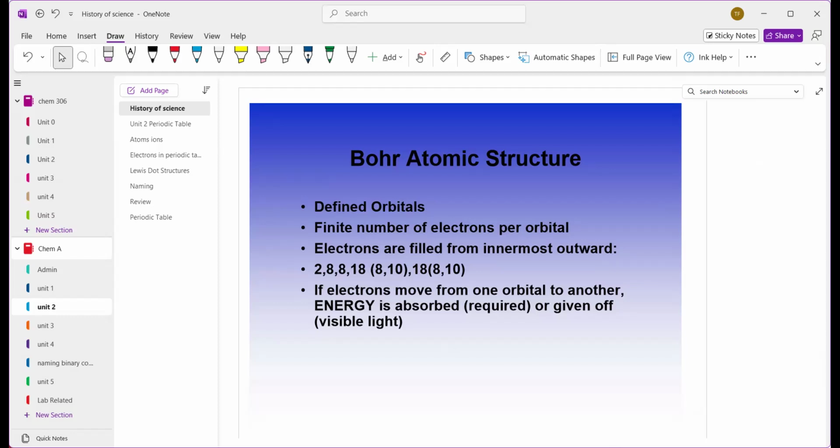Okay, so what happens when something goes from unstable to stable? It gives off the same amount of energy that it took to get there. So if it took 5 electron volts to get from one orbital to the other, when it becomes more stable, coming back down to the more stable orbital, it gives off that energy.